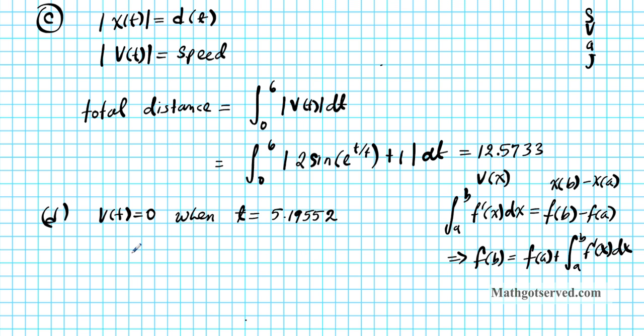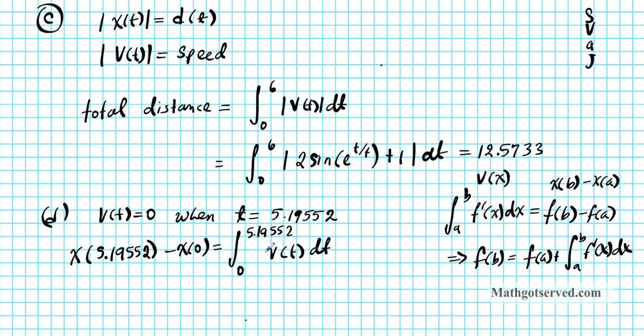So our expression here, we're going from 0 to this time. So we know that, let's write it this way. x of 5.19552 minus x of 0 is equal to the integral from 0 to 5.19552 of the velocity function, v of t dt.